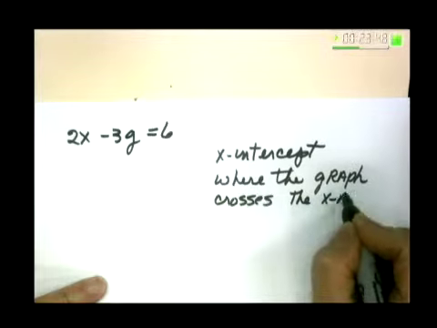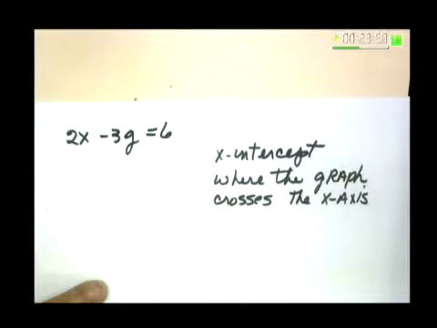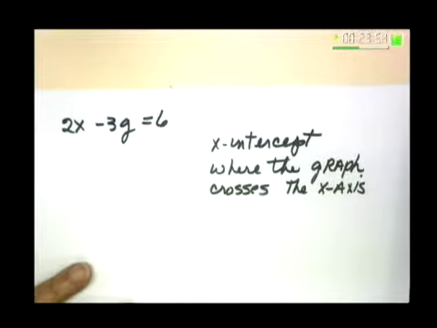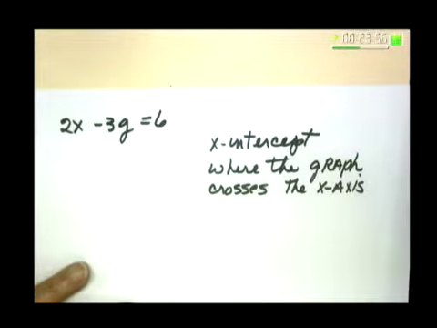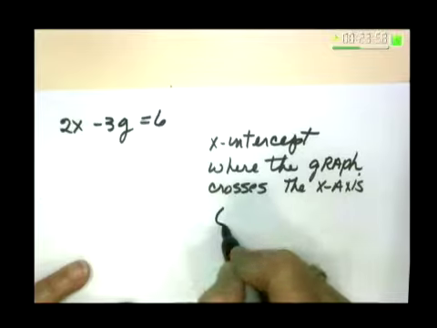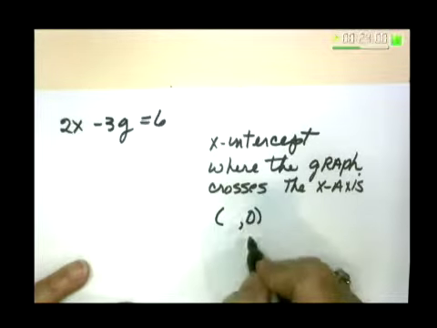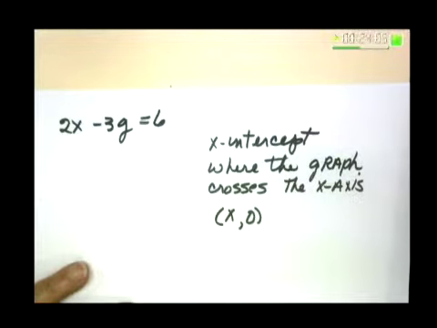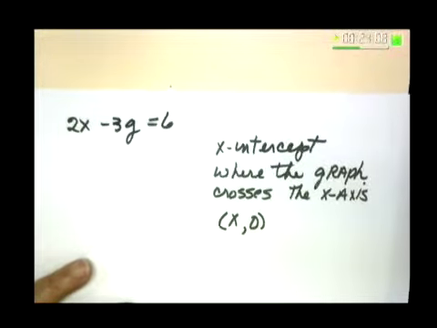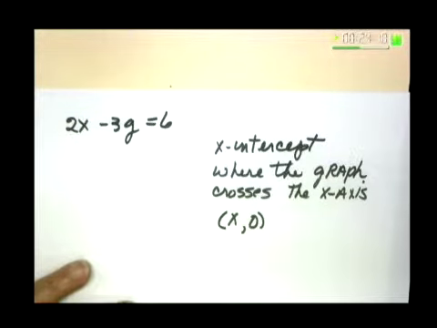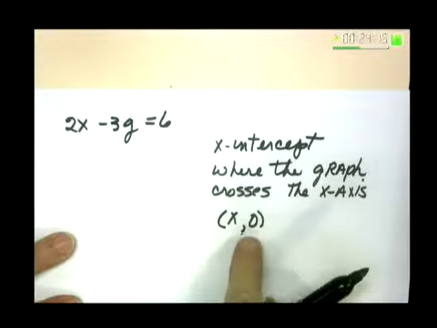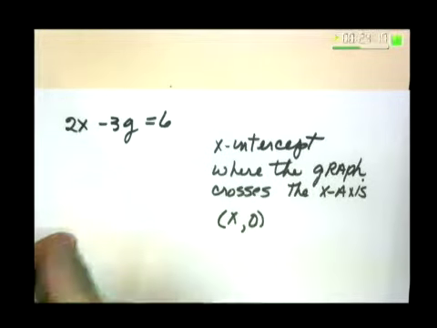That's what the x-intercept means. That means you want to get an x number. To do that, you always make y 0, and you will get an x number. So in my problem, I'm going to make y 0.